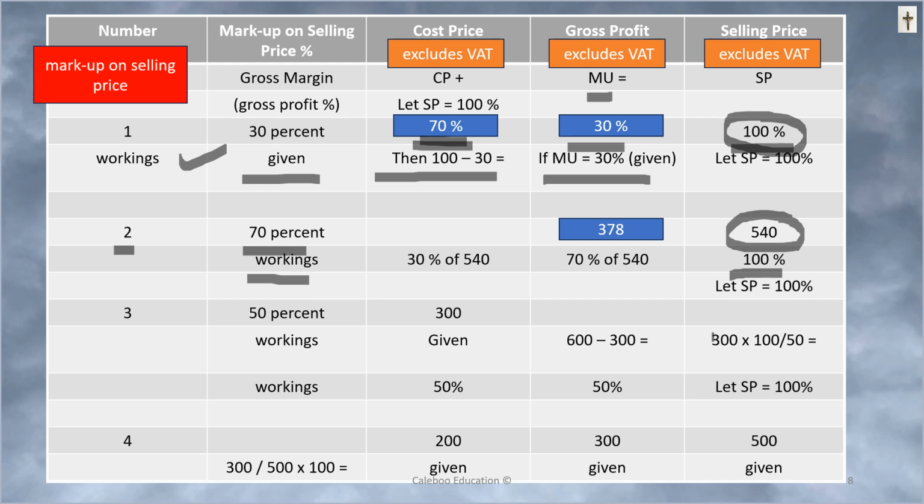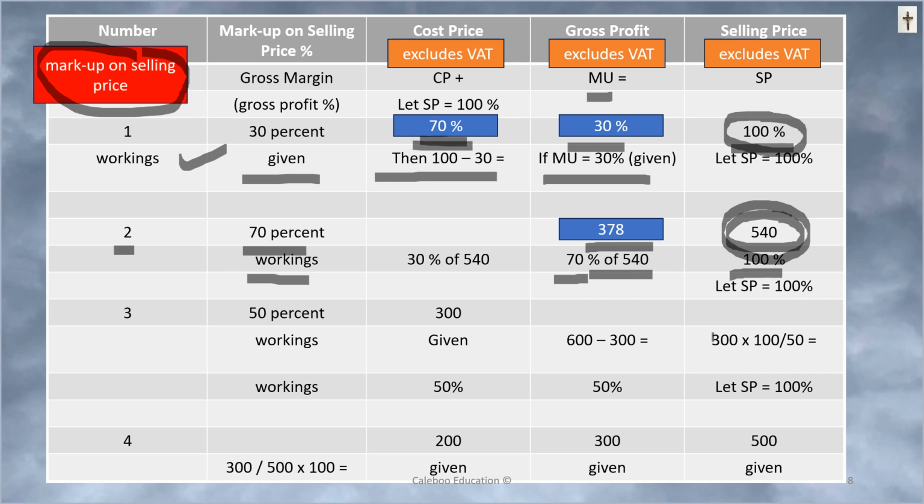So if the markup is 70% of the selling price, 70% of the selling price, 540, is equal to 378.